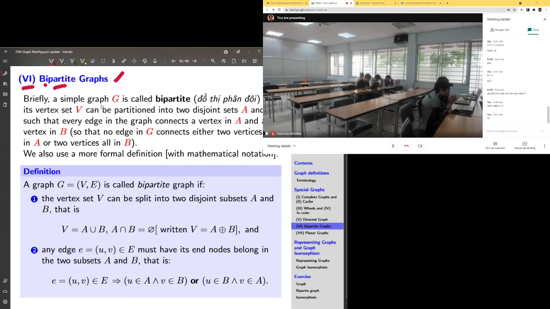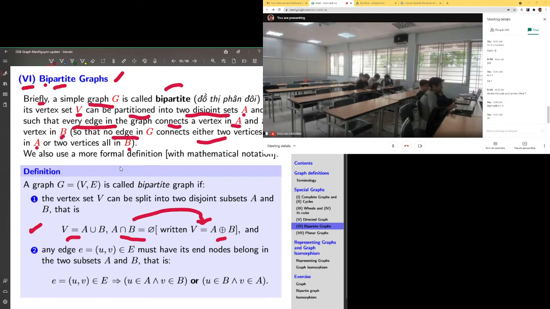formally by this notation. But the second condition about the edge or the connection here, you have to be careful, because formally we say the endpoints must belong to different subsets.